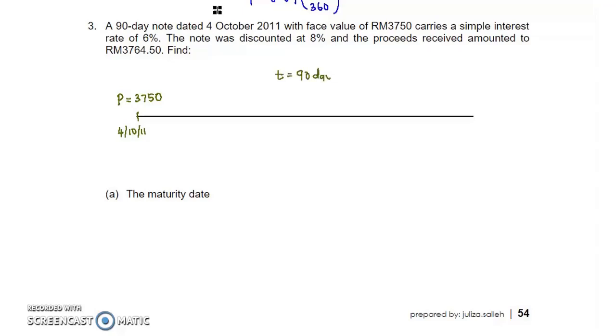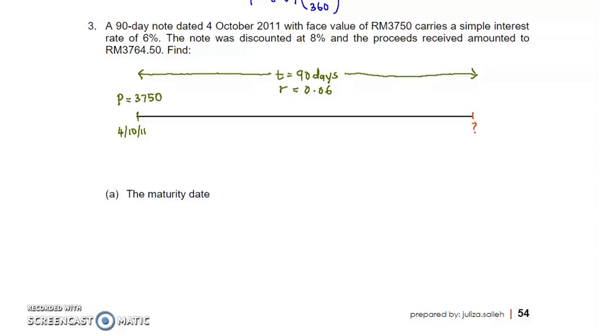Okay, so the term of note must be from date of note until maturity date. So when is the maturity date? From this question, the maturity date is not given. We know that the rate of simple interest is 6%, so 0.06. What else? The note was discounted at 8%, so 8% is the discount rate.